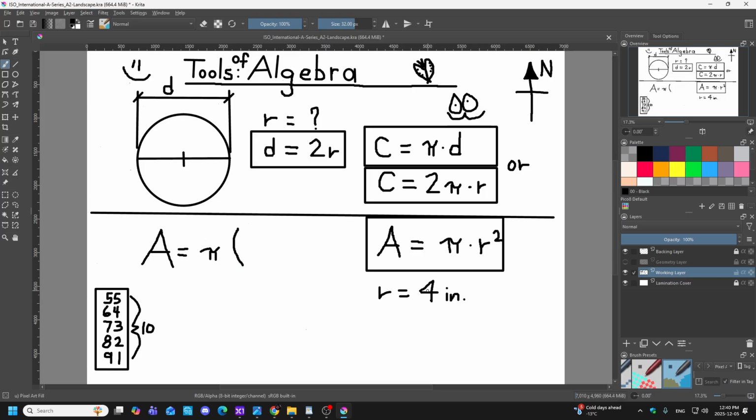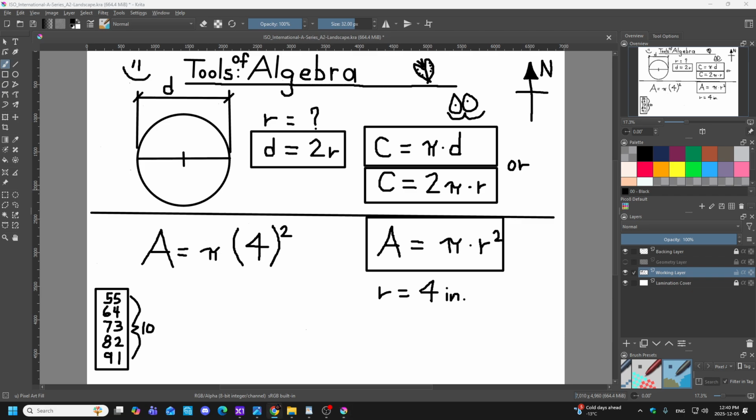Okay? 4, close bracket, squared. All right? Again, a symbol beside a set of parentheses infers that you multiply. Okay?